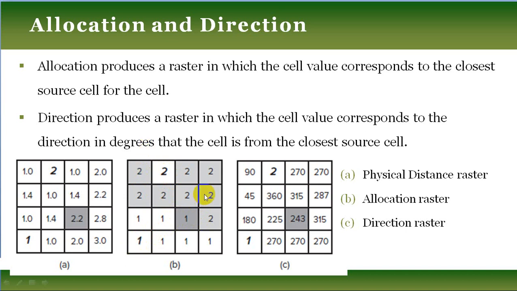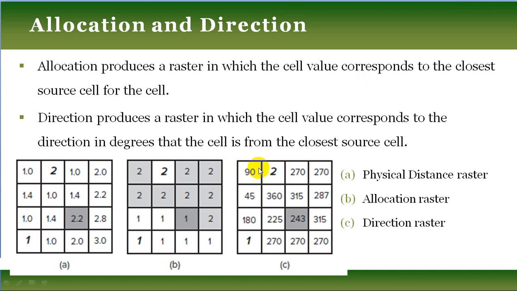All other cells can only be allocated to either 2 or 1, whichever is nearer. Only for this cell, either 2 or 1, although as per this example we assigned it to source 1.